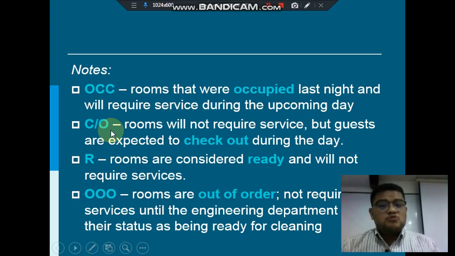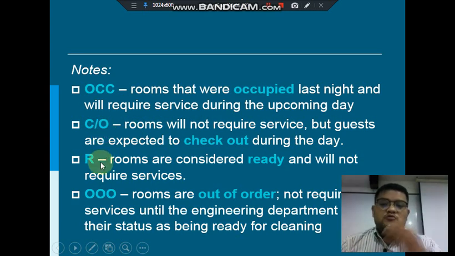So this room you will not service or clean until they check out, because it doesn't make sense that the people are checking out and you clean the room before they check out. So you will only service the room after 12 p.m. normally, or if they go for early checkout, then only you will do the cleaning. So that's why checkout room will not require service until the guests have checked out. So in the morning 6:30, the status is CO.